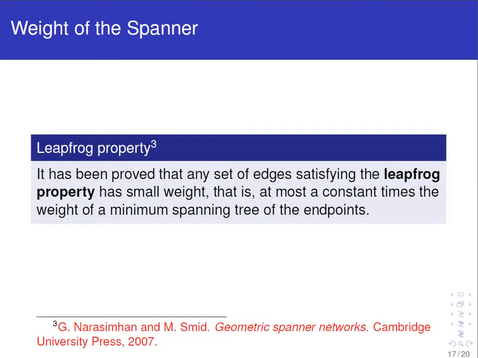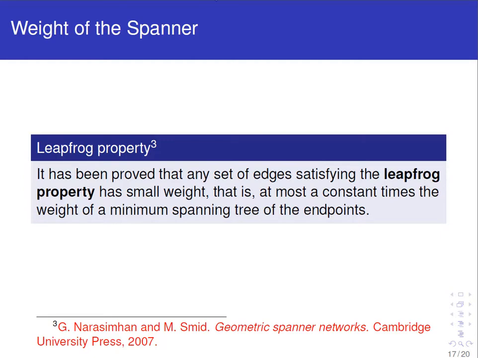Now we present the main idea for showing that the weight of our proposed plane spanner is asymptotically equal to the weight of the minimum spanning tree. To prove the result, we use the leapfrog property, which is defined on a set of edges.